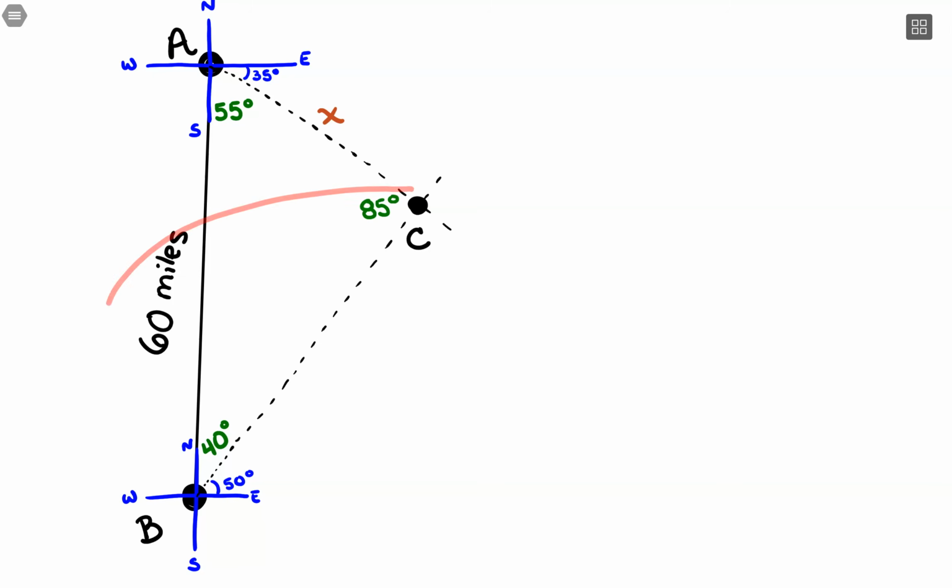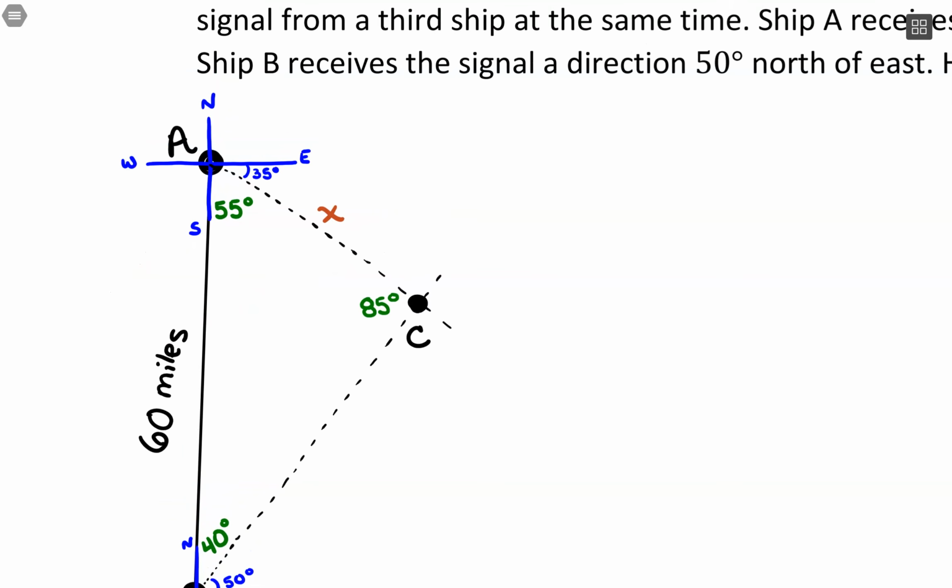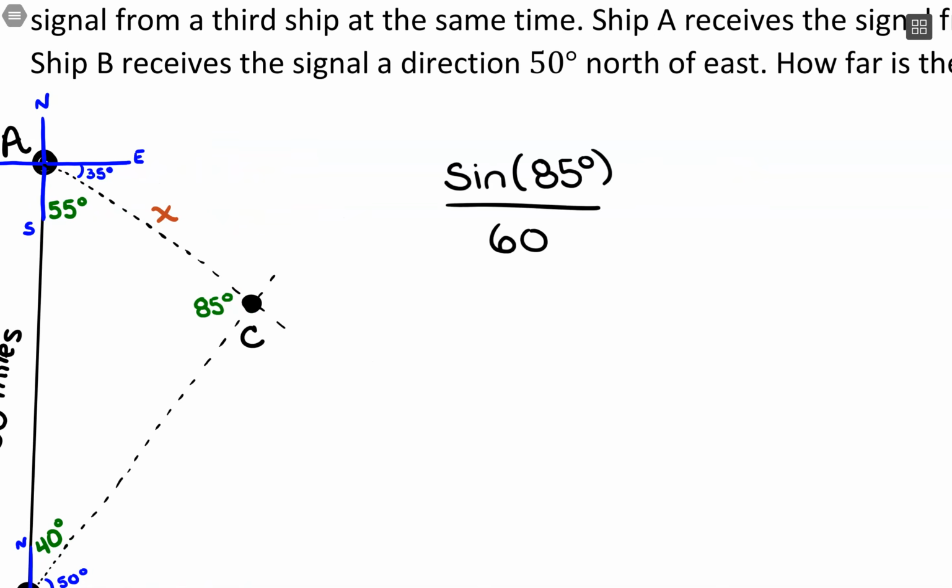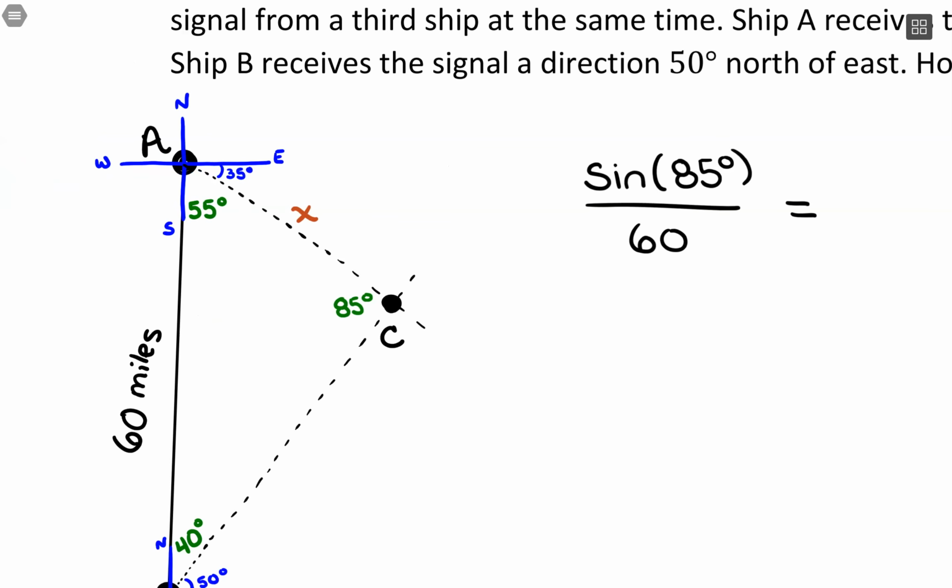So now, using law of sines, I have a nice pair to work with. Sine of 85 degrees over 60 miles is equal to, and then working with x, I'm going to work with that 40 degrees.